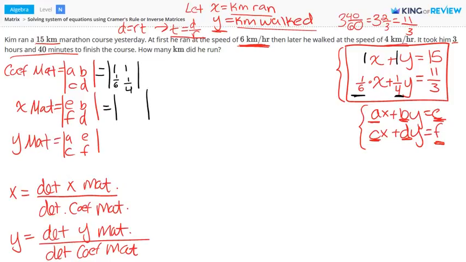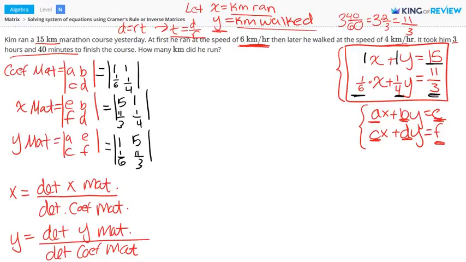Well, E and F are the constants, so that's 15 and 11 over 3. And then B and D, so 1 and 1/4. And then our y matrix. That's A and C, so 1 and 1/6. And then E and F, 15 and 11 over 3.